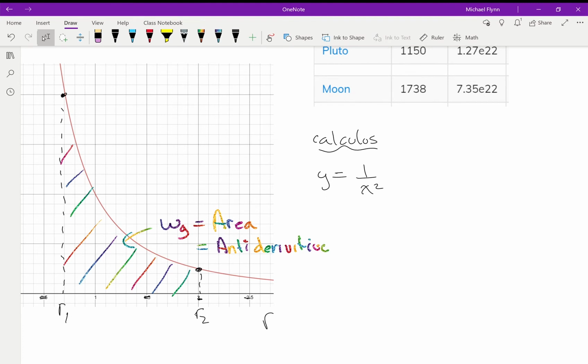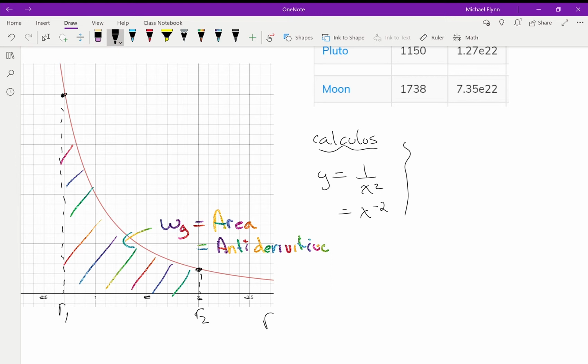Now, if I were to ask you this question in class, what function would you start with so that its derivative would equal 1 over x squared? Let me say it like this. If this is 1 over x squared, this is x to the negative 2. There is a function so that its derivative is equal to x to the negative 2.